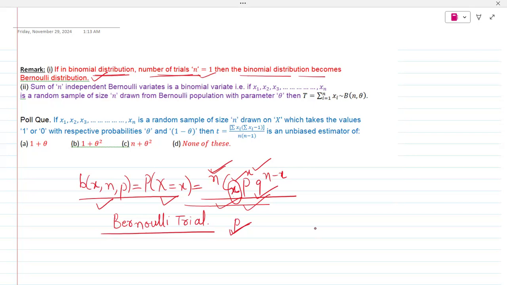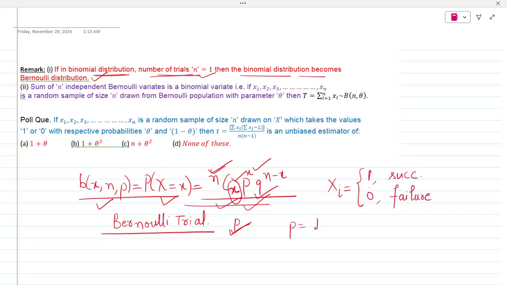In our case, suppose if xi takes the value 1, then it is our success. And if xi takes the value 0, then it is our failure. So what will be p?